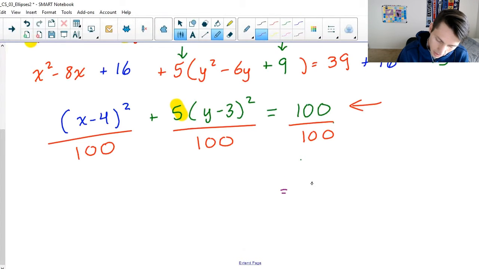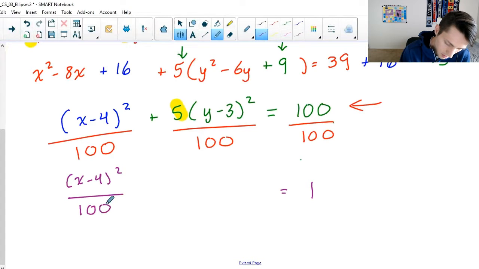Okay, so 100 divided by 100 is 1. (x minus 4) squared over 100 plus 5 over 100. So that would simplify into 1 over 20.